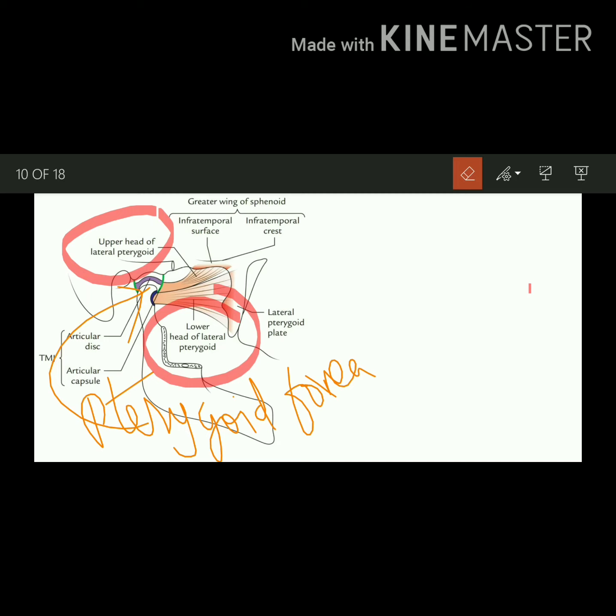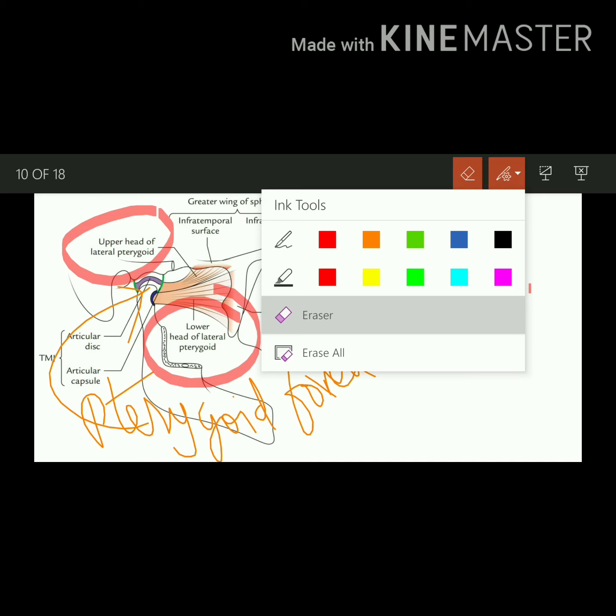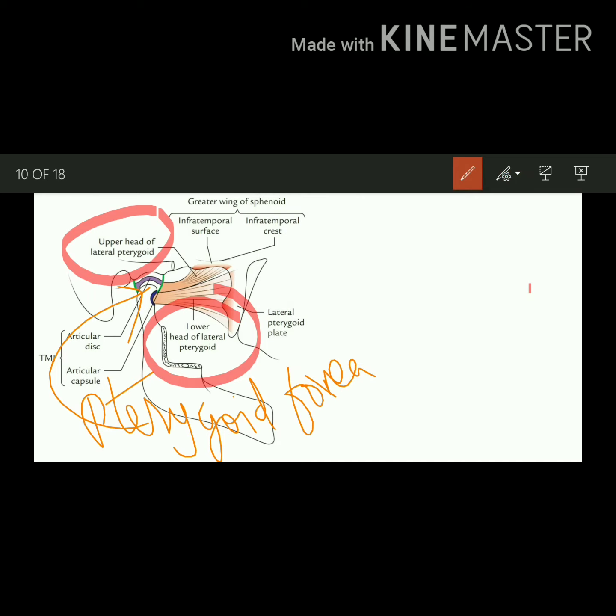It is also attached to the fibrous lining of the capsule of the joint. This muscle is to be noted because it is a key muscle of the infratemporal fossa as well.